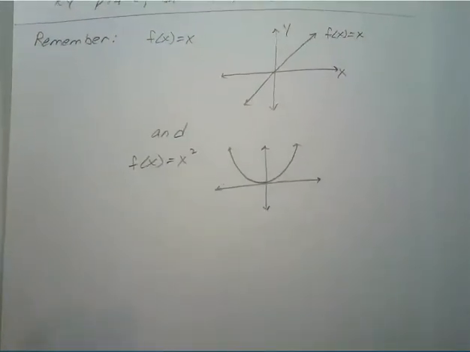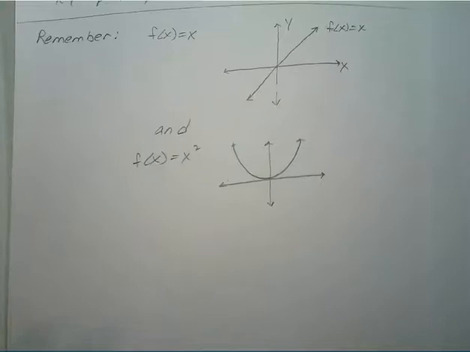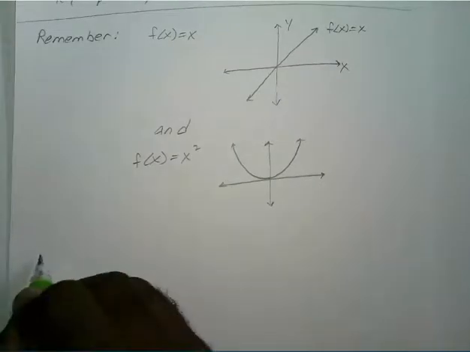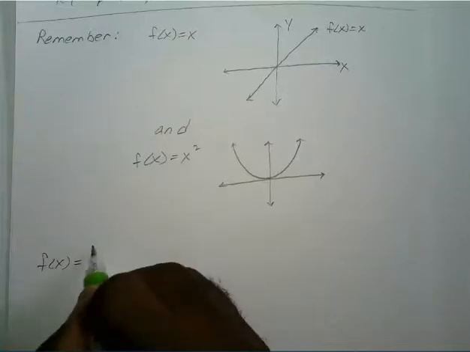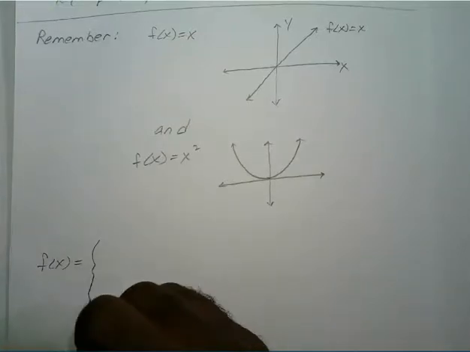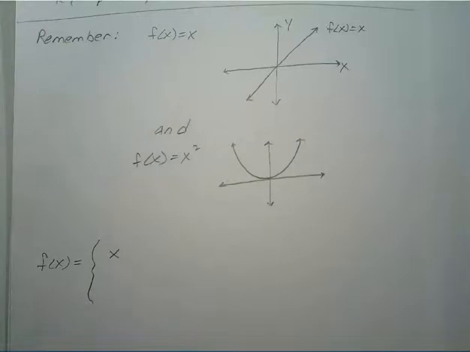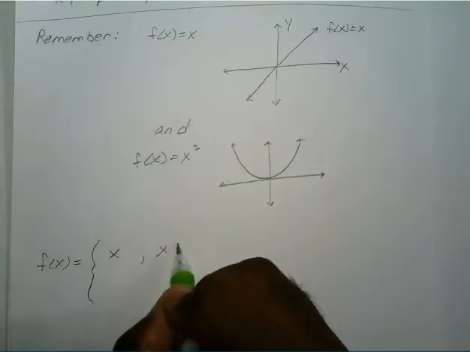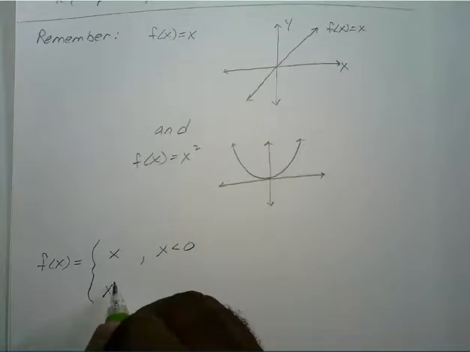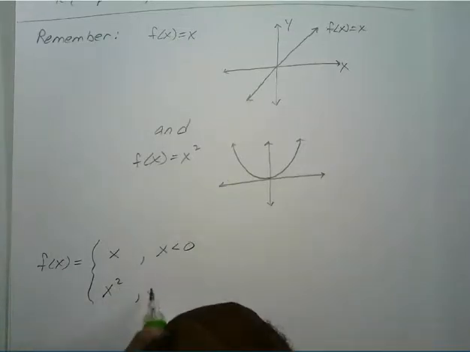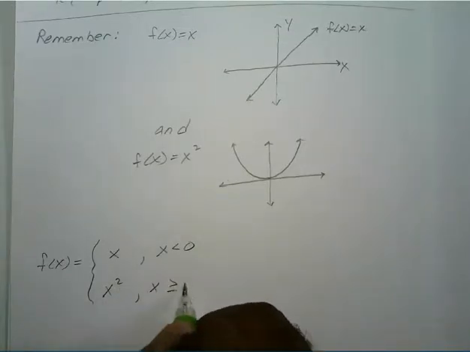Go ahead and scroll up a little bit. What if we have f of x equals x whenever x is less than 0, but f of x is x squared when x is greater than or equal to 0.